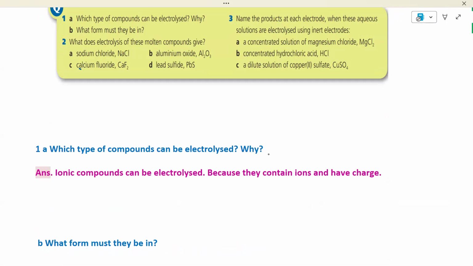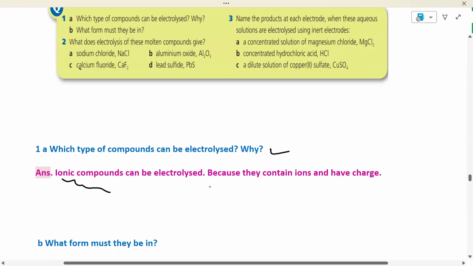Answer: ionic compounds can be electrolyzed because they contain ions and have charge. To be electrolyzed, the compound should be in ionic form.